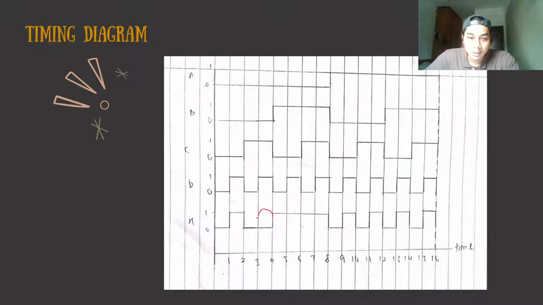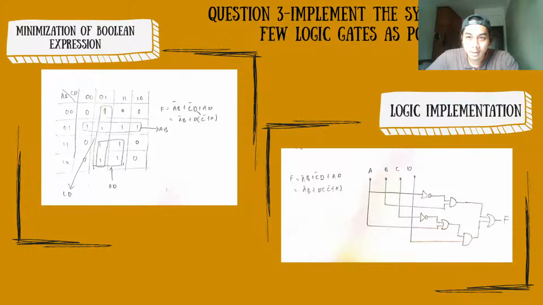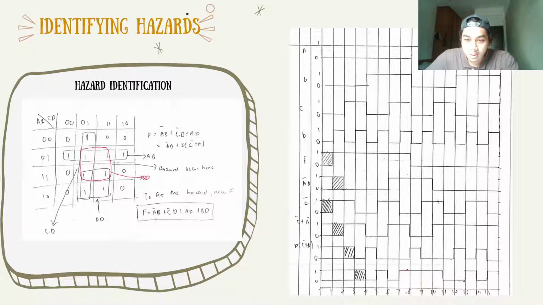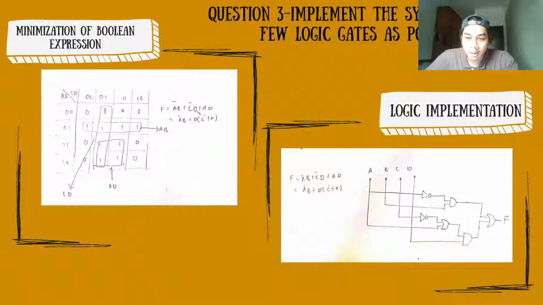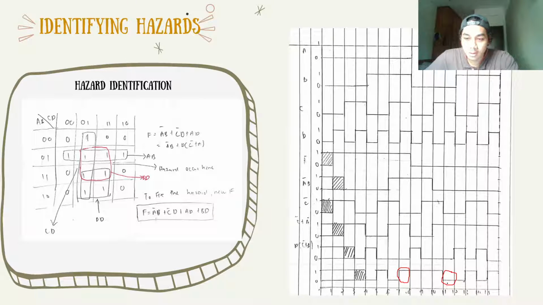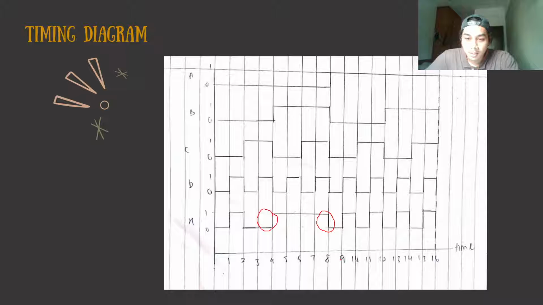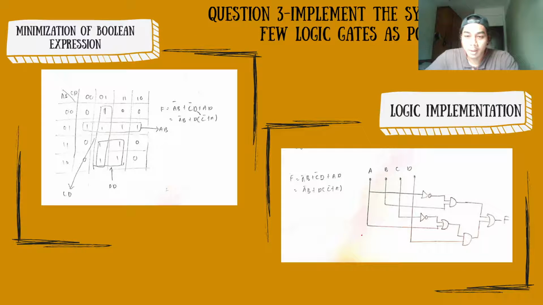The values at 3 here and 9 here are different from the hazard diagram. Here this value is 0 but the hazard timing diagram shows 1, and this value should be 1 from the previous timing diagram.